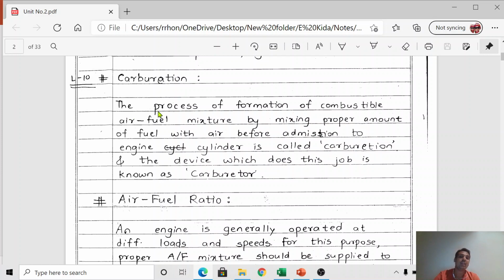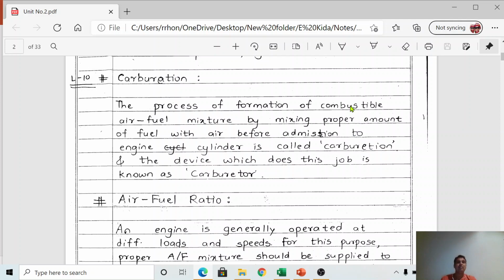The process of formation of a combustible air-fuel mixture by mixing a proper amount of fuel with air before admission to the engine cylinder is called the process of carburation.